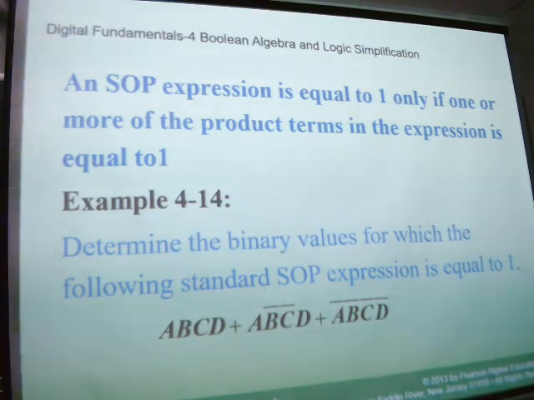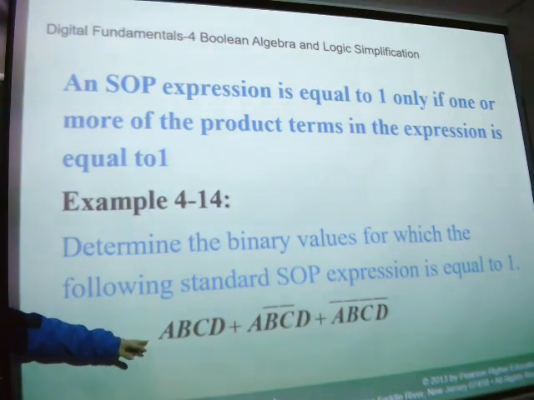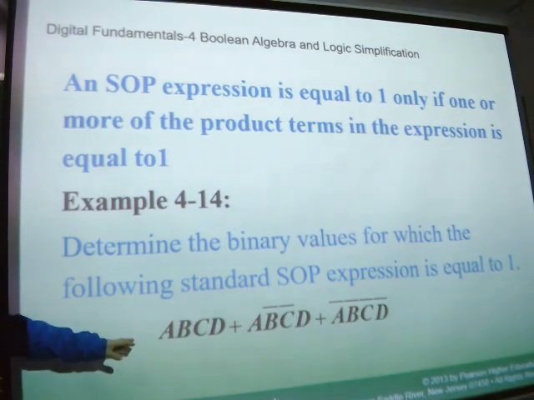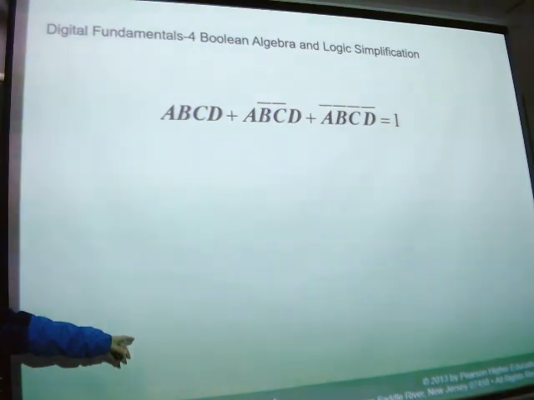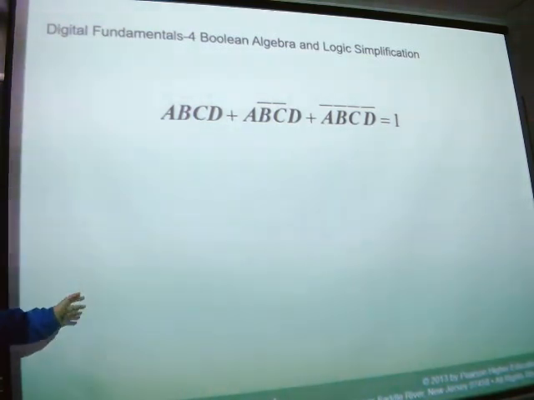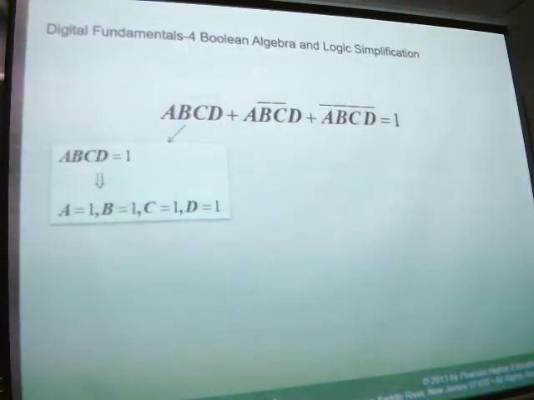For example 14: determine the binary values for which the following standard SOP expression is equal to 1. If this expression equals 1, then we know that A B C D equals 1.